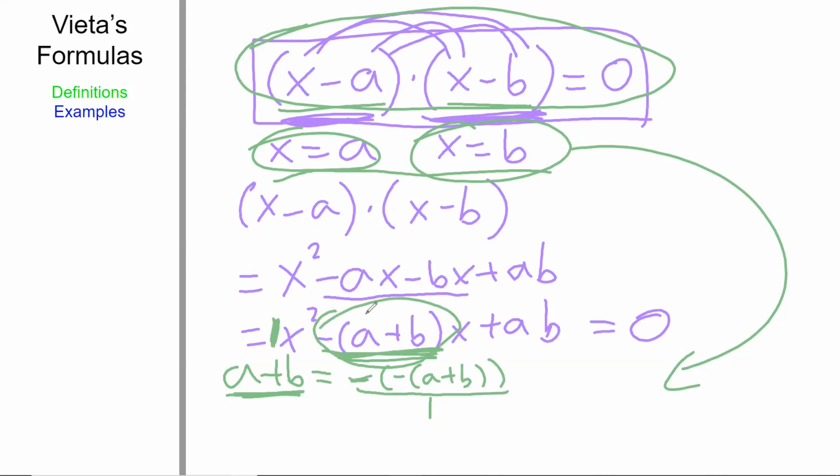And you also notice that the product of the two roots is equal to this last term divided by this invisible first term. So that's where you get Vieta's formulas from. Does everybody understand that?